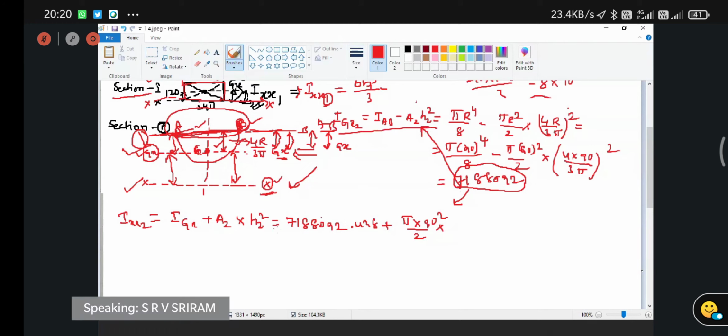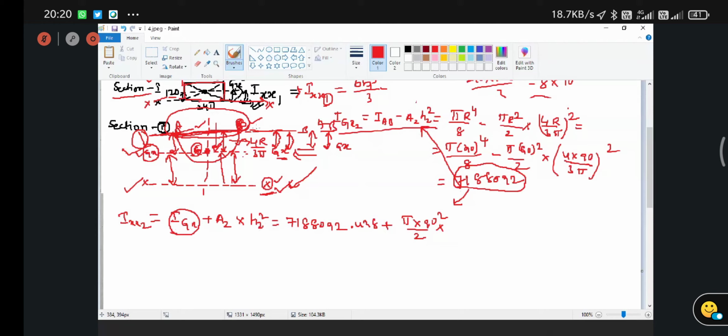Now if I want to find out only about the x-axis, as stated in the problem, the central axis moment of inertia will be the same whether you start from this reference axis or from that one, but the distance varies.